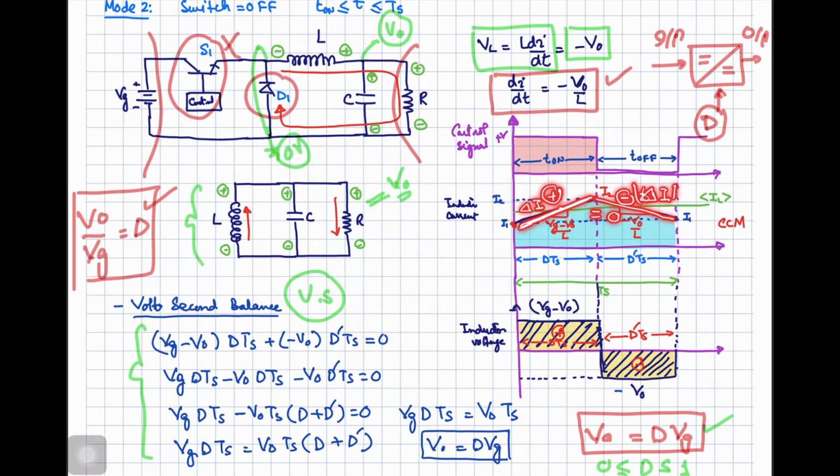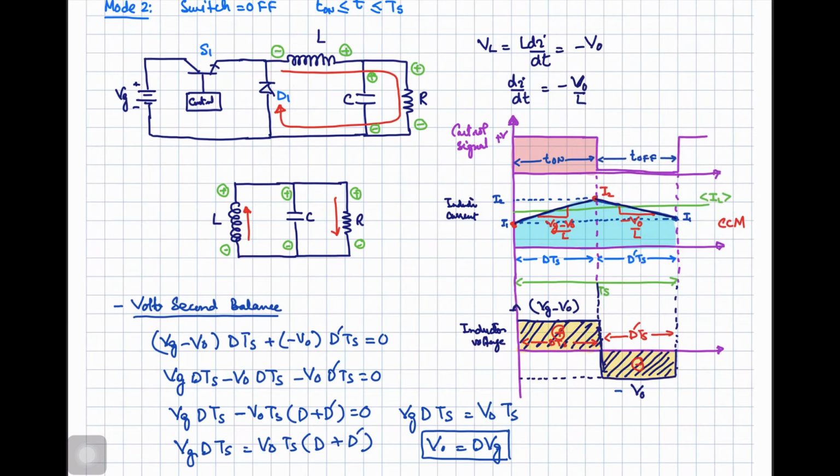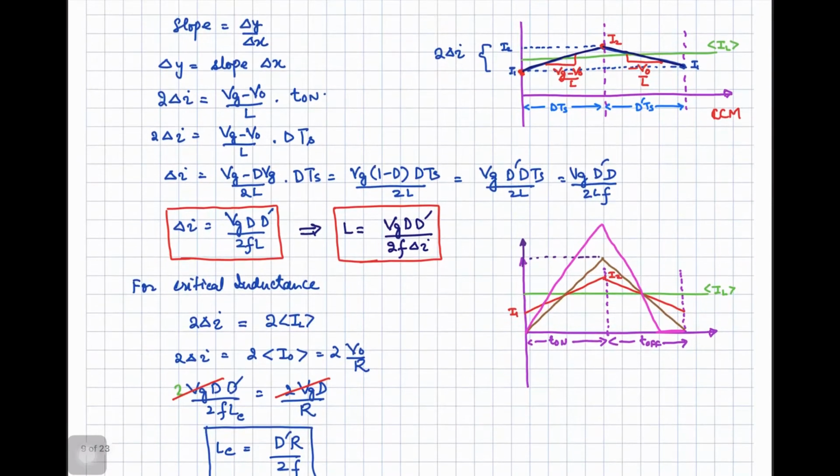If that is the case, then you have stable operation. Using this condition, you can also work out the transfer function and you will get the same thing. So you can work out the transfer function in either way. Using the volt-second balance, the transfer function of your buck converter is this one. A buck converter is one in which your output voltage is less than the input voltage.